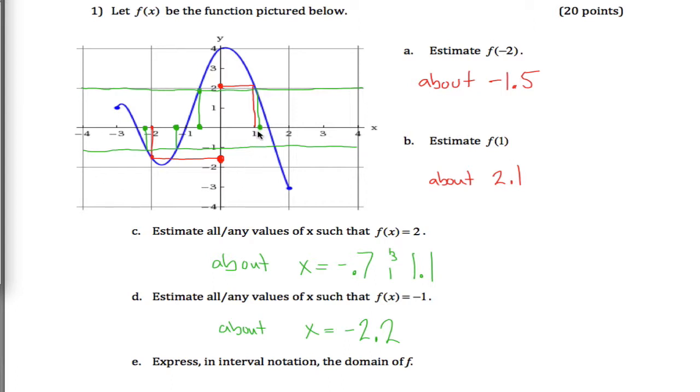I'm trying to figure out what x values have a height of -1. So I already got this guy. This one looks like it has an x value of -1.4 or so? It looks like it's between -1 and -2, but maybe a little closer to -1. So, yeah, maybe even -1.3. All right, call it whatever.